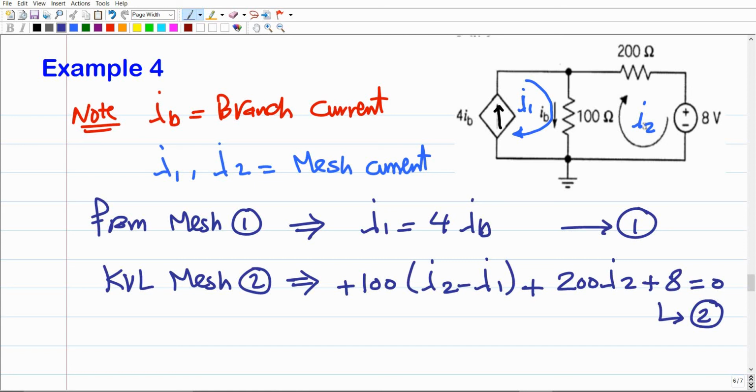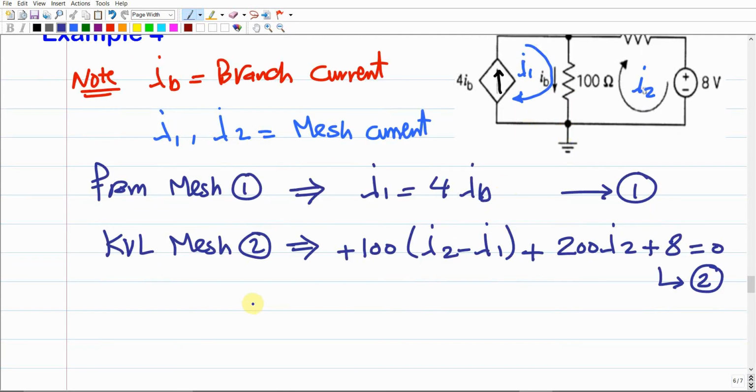So how much is IB? How we can get it? IB, what is the IB? IB, this should be the current over the 100 ohm branch. It should be the current over this branch. So if I ask you how much is this current IB over this branch, it should be the difference between I1 and I2. But this difference between I1 and I2, is it gonna be I1 negative I2 or I2 negative I1?